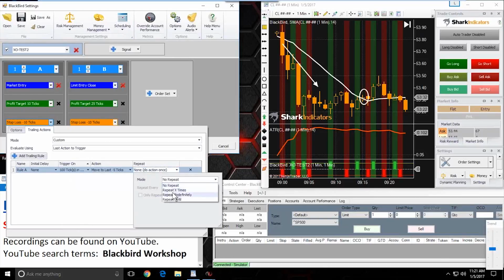I'm gonna just take a quick look at the repeat here. You'll see that some of the repeats, again, the repeats you can look at, you can repeat on a tick by tick basis.